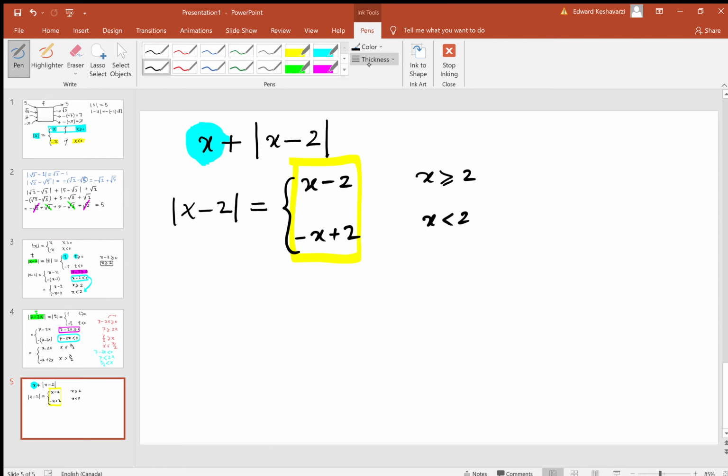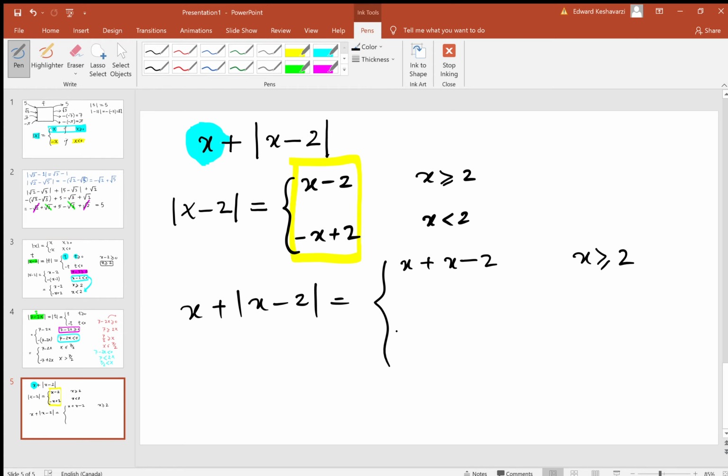Therefore, the final step would be x plus x minus 2. So you add x to x minus 2 for x larger than or equal to 2, and x plus negative x plus 2, right?